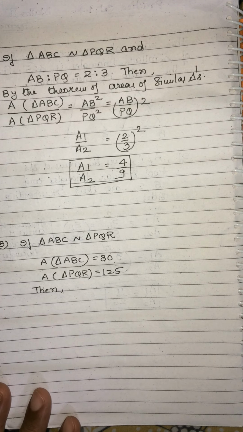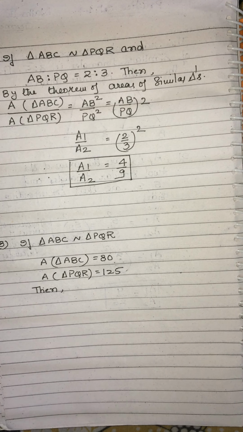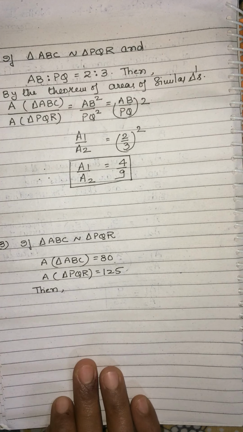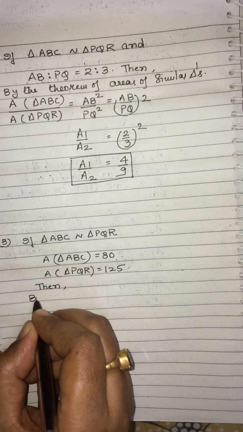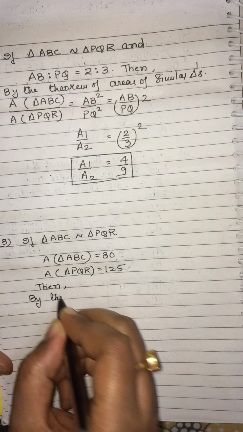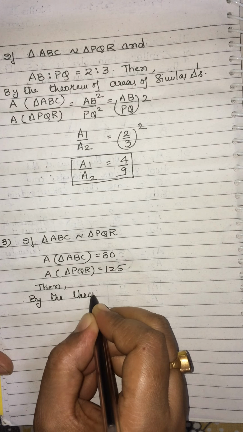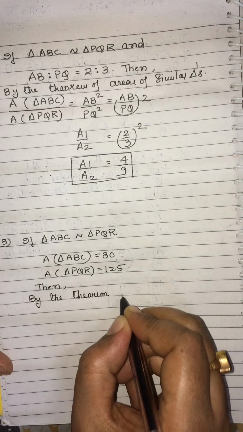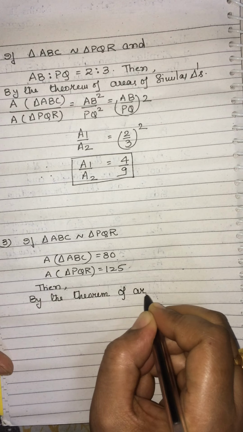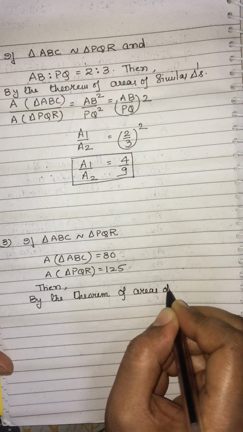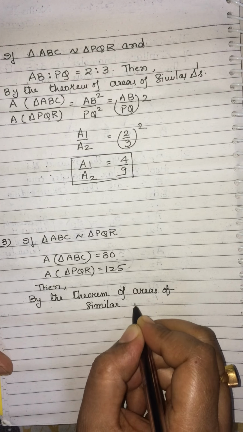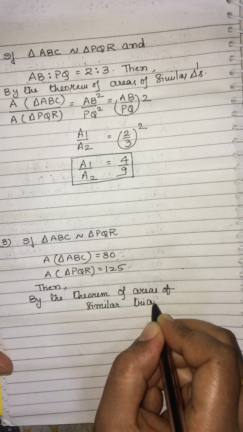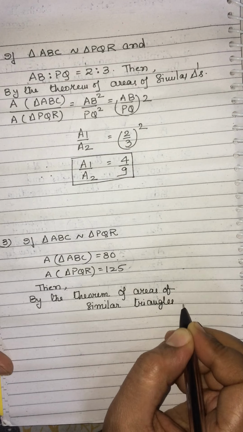They are asking for AB upon PQ, so by the theorem of areas of similar triangles, what do we have, children?